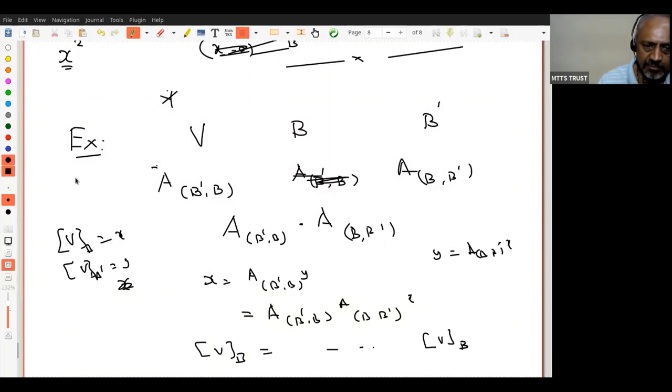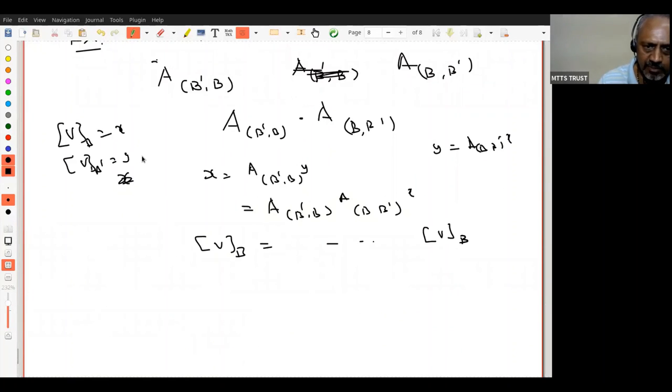But notice that any vector admits a unique expression in terms of B. Therefore, what do you think I should get here? You have a guess? I should get the identity matrix. That means this matrix is invertible and this matrix is also invertible. They are inverses of each other.